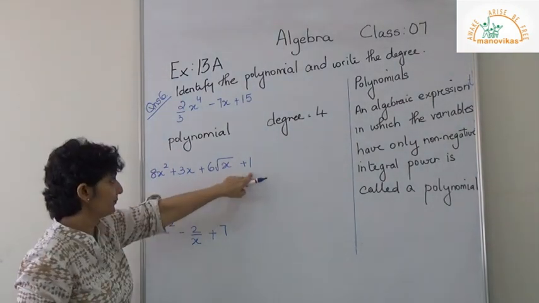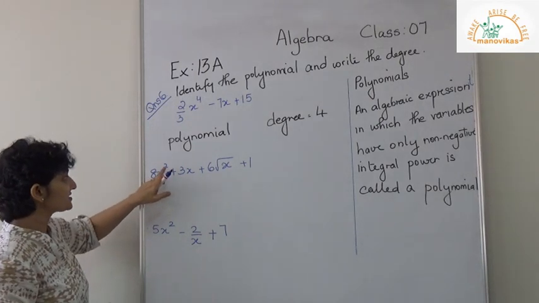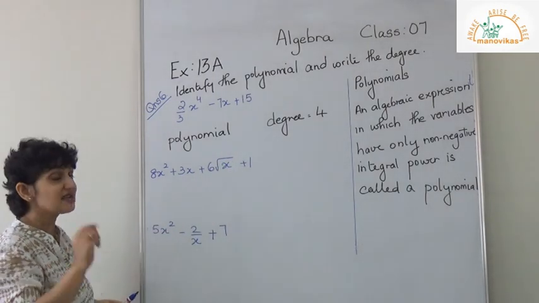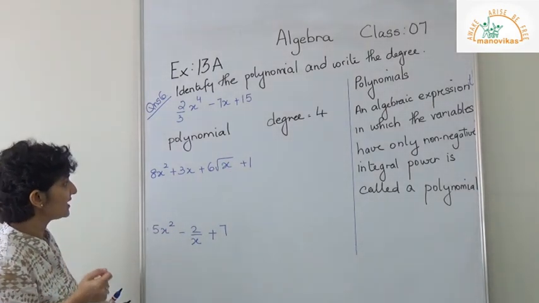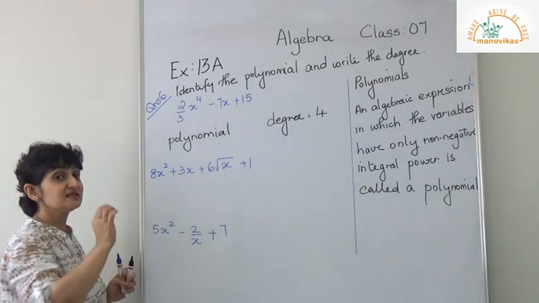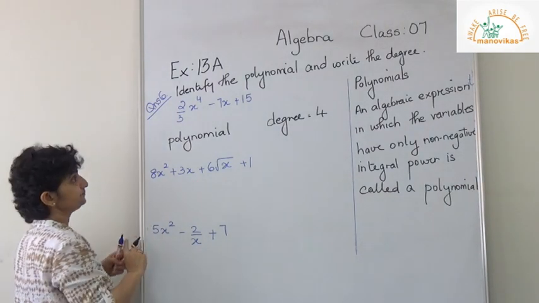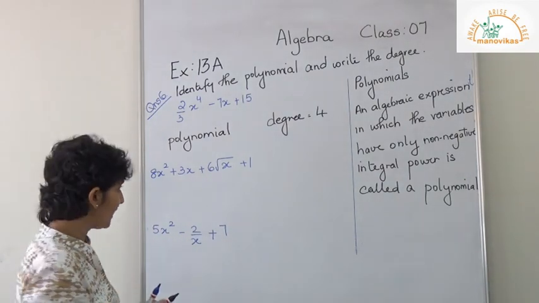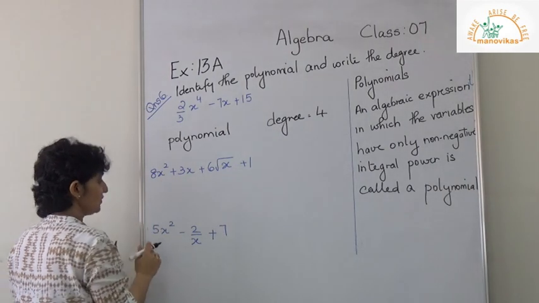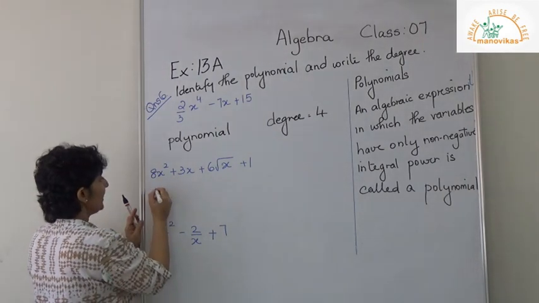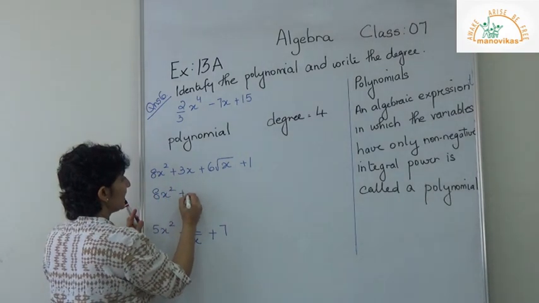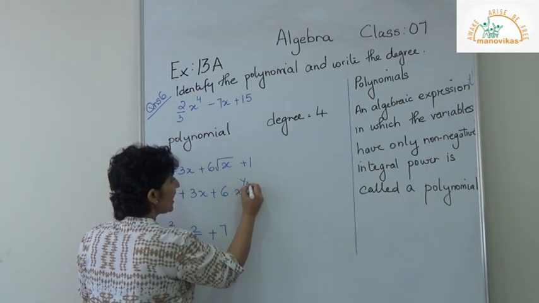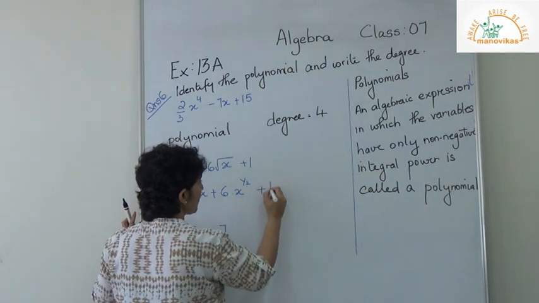Now children, here if I see this, 8x squared plus 3x plus 6 root of x, that means x to the power half plus 1. Now this is not an integral part. So 8x squared plus 3x plus 6x to the power half, this becomes plus 1.